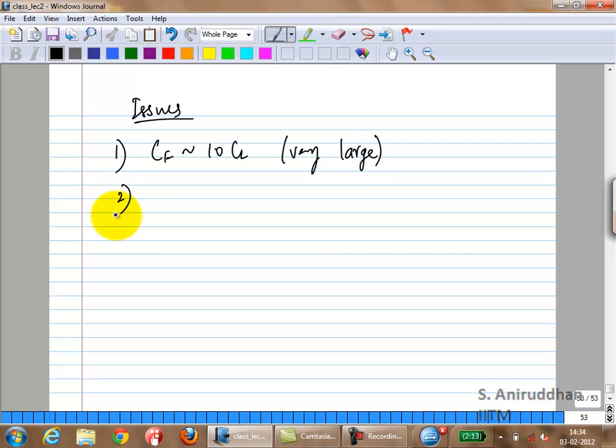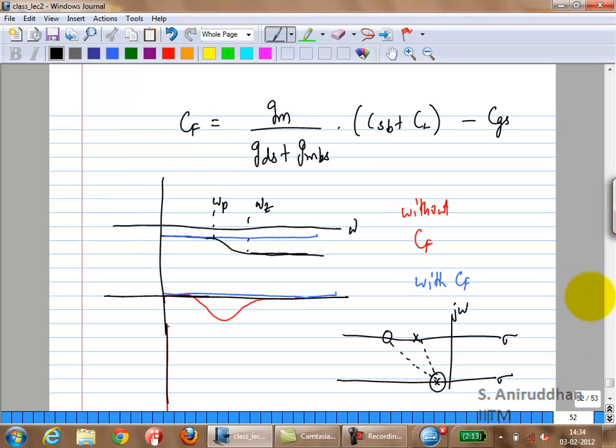What is the other problem? If you see, there are other terms in your CF expression, CSB and CGS and so on, and GMBS and GDS. Now these are all functions of the bias point, and you may not know them accurately enough.